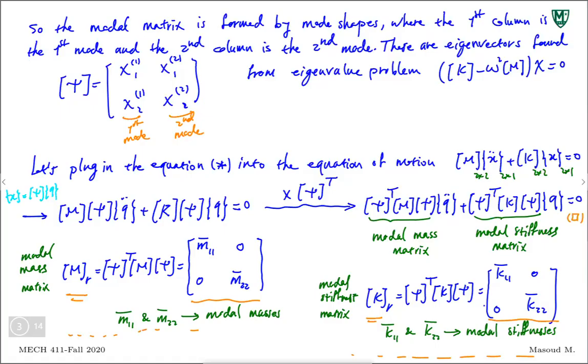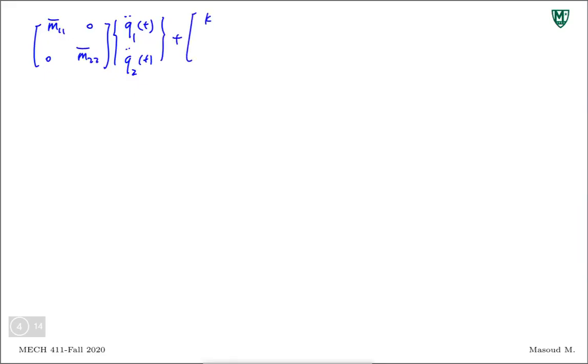So if I plug that into the equation I showed with the square, you will get something like this: M11 bar, 0, 0, M22 bar, I'm writing it in full form, q1, q2 double dot plus K11 bar, 0, 0, K22 bar, q1(t), q2(t) is equal to 0, 0.